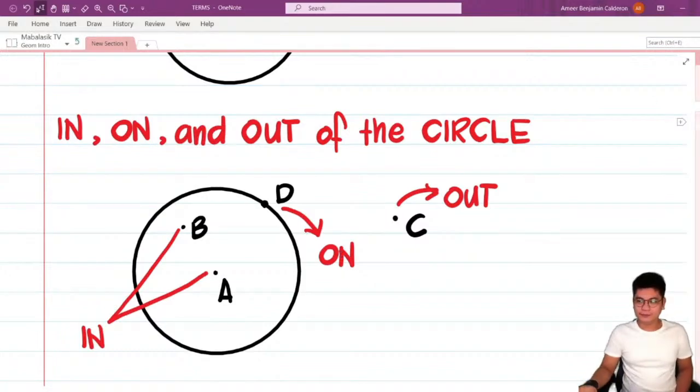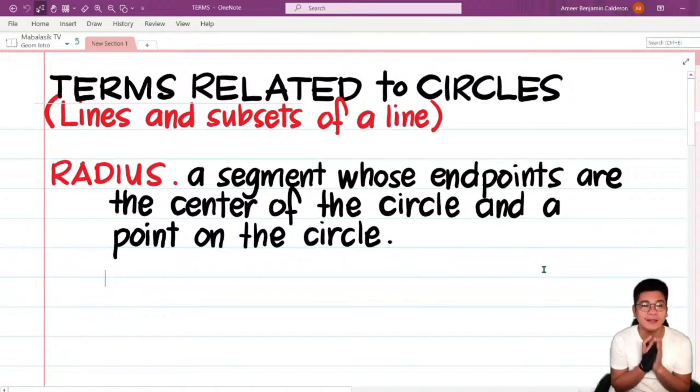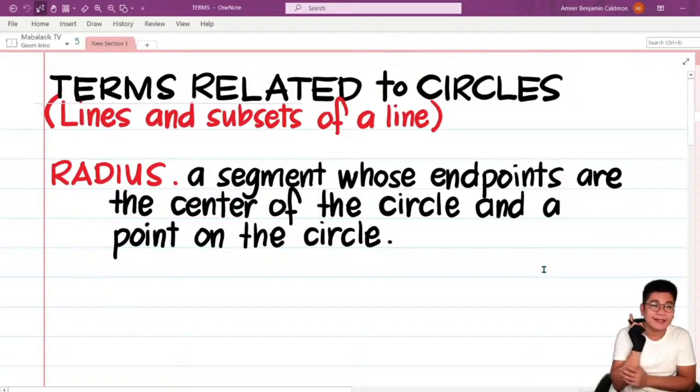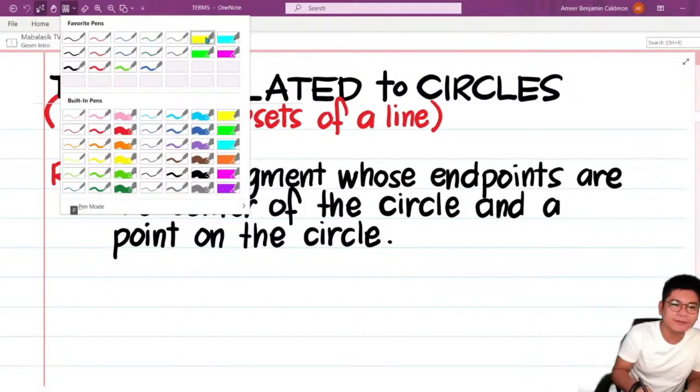Now, let us have terms related to circles, yung lines tsaka subsets of a line. So puro lang tayo linya-linya. So the first is a radius. Radius is a segment whose end points are the center of the circle and a point on the circle. Ayun yung sinasabi ko.